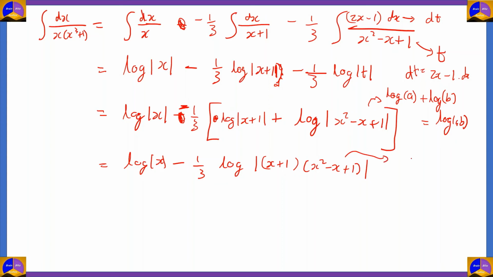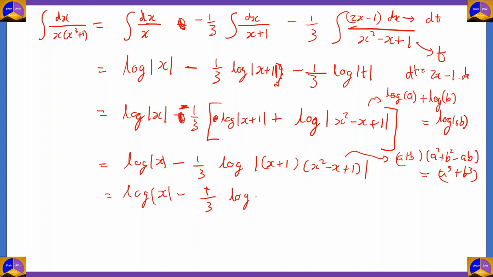Again, over here, we have something of this form. So we have a plus b times a squared plus b squared minus ab. So what is the left-hand side for this part? It is a cube plus b cube, x cube plus 1 cube, which will now become x cube plus 1.